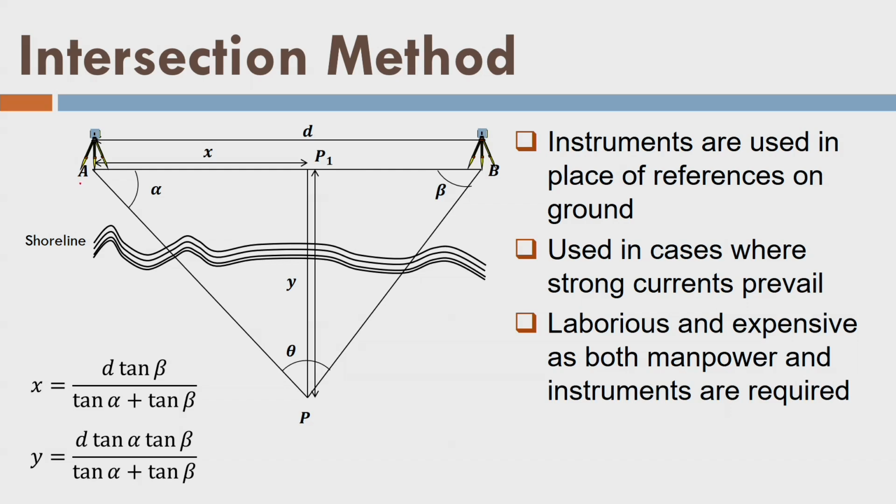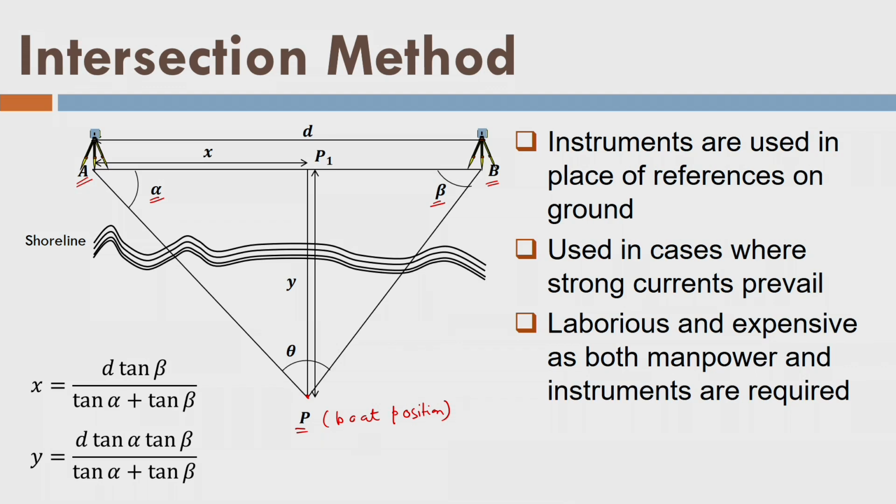We see here that point A and point B are my known control points from where I am measuring the position of the boat, point P, which is my boat position at a given instant. This distance D is known from the map or maybe from the field itself. Then I will measure angle alpha and angle beta for the current position of the boat.